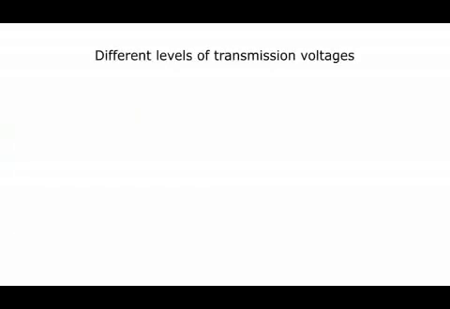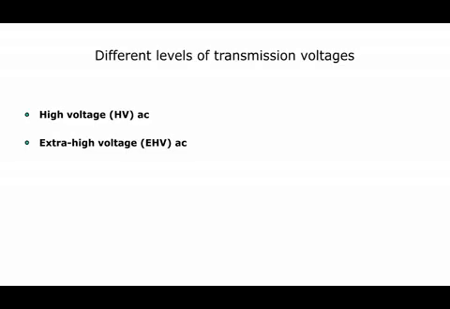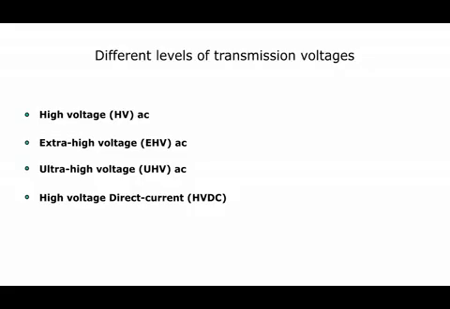There are different levels of transmission voltages like high voltage, extra high voltage, ultra high voltage, and high voltage direct current. High transmission voltages range from 69 kilovolts to 230 kilovolts.